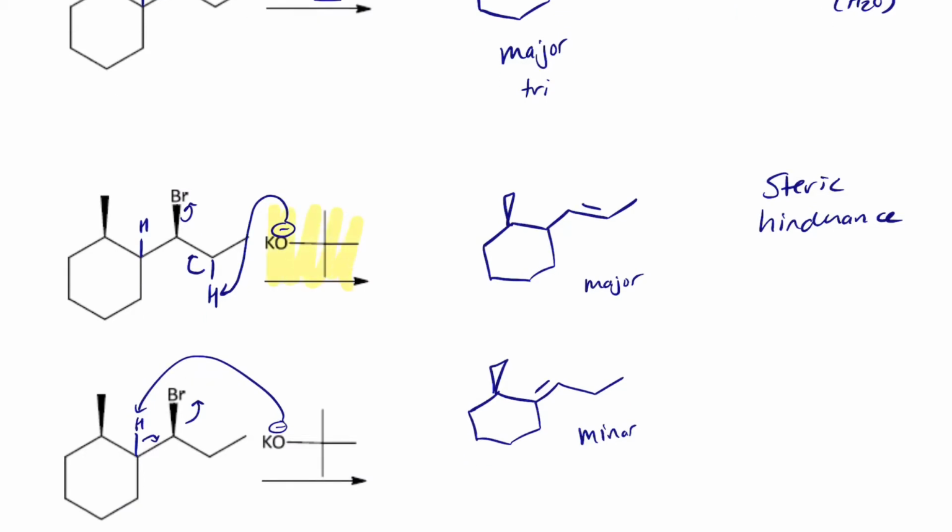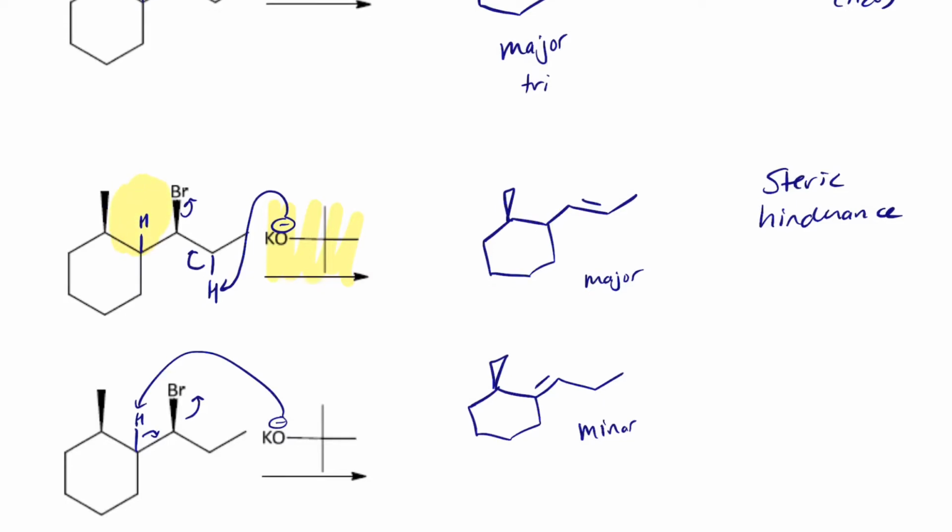Since my potassium tert butoxide is very chunky, it finds it difficult to enter this small space, where down here it has plenty of space to enter. And so because of that, it's going to react down here way more frequently because there's very little hindrance when compared to up here.